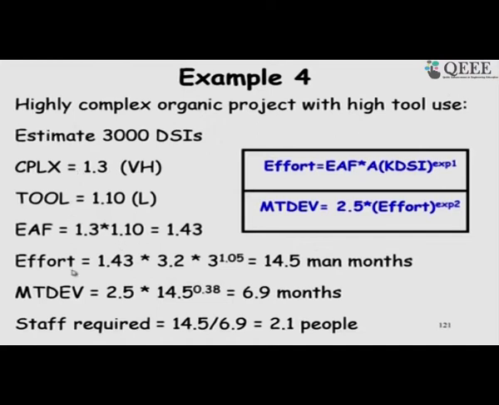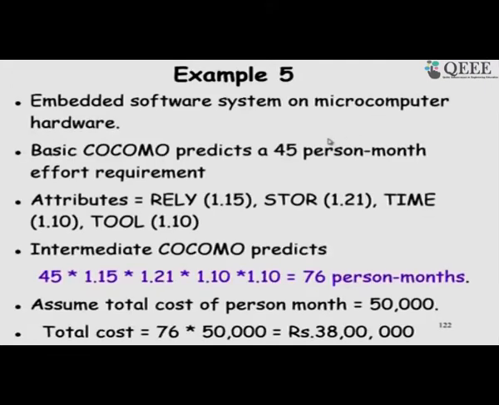So, again we compute the effort here and development time here, and then we compute the values. Please try this out. One more example, embedded software, and then we have considered the different effort adjustment factors: reliability, storage, time constraint, tool usage, etc.